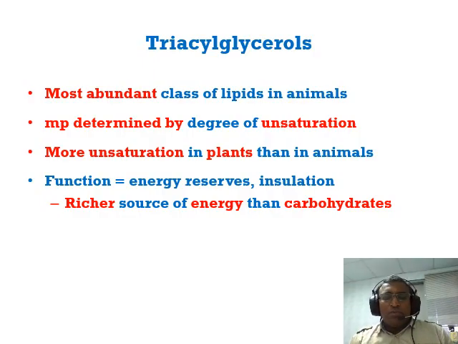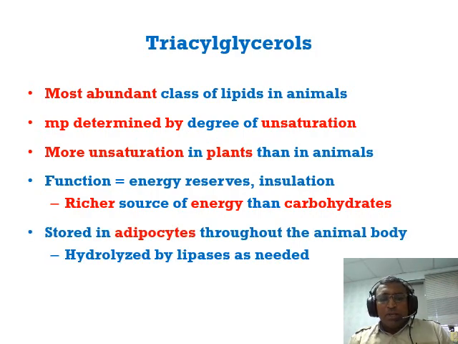In terms of insulation, in a cold climate you want to keep warm, and fat around the person's body actually keeps the person warm as an insulator. The triacylglycerol is stored in the adipocytes. When required, unfortunately, it has to travel from the adipocyte, the fat cell, to the muscle cell through the bloodstream, and only then can it be oxidized to get energy.